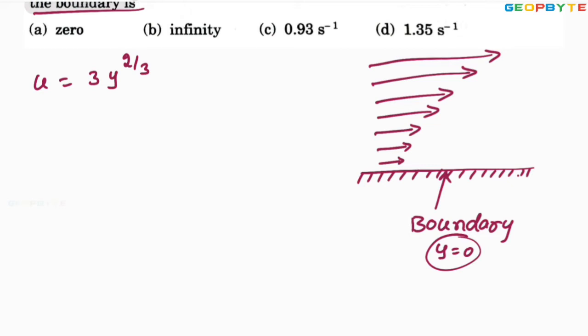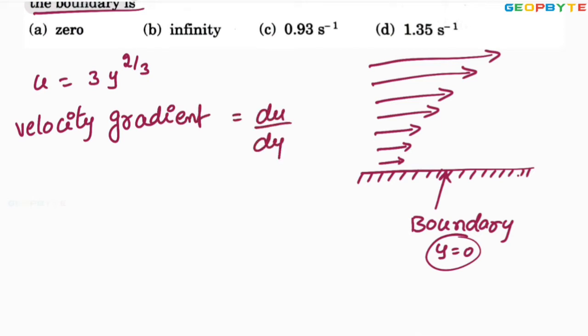First let us find the velocity gradient. Velocity gradient equal to du by dy, d by dy of u equal to 3 into y power 2/3. Simplify this.